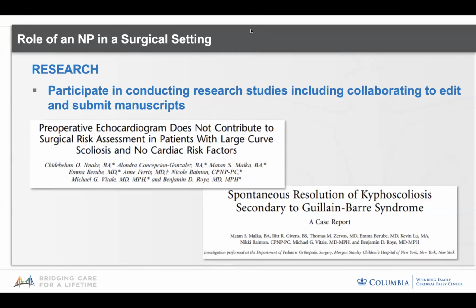Okay, the first question is, what type of coordination is done to ensure educational gaps are minimized? So I do a lot of in-person and on-phone discussions. I do a deep dive into their medical charts to make sure that they require pulmonary clearance, or if they haven't seen pulmonary in a while, that is done.